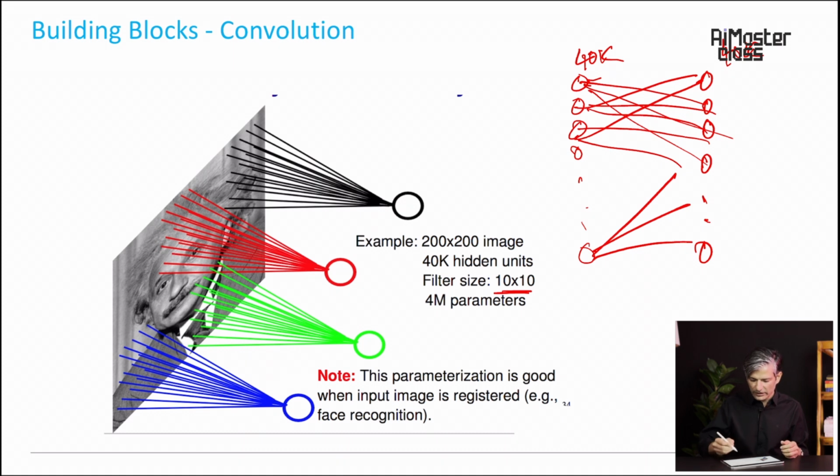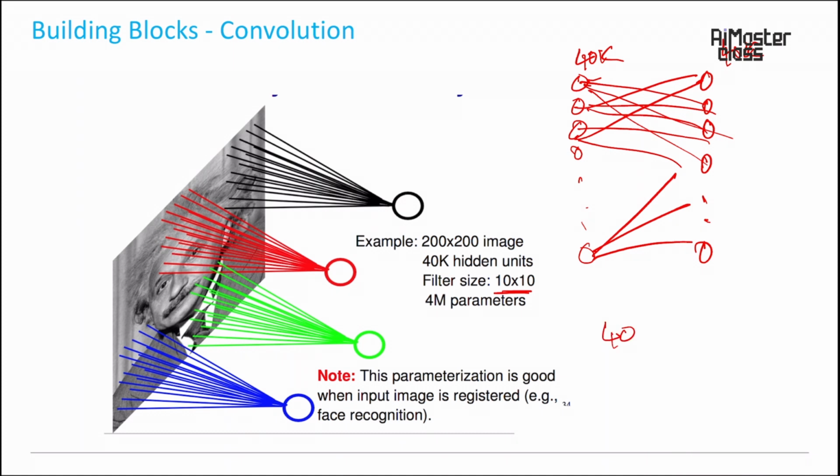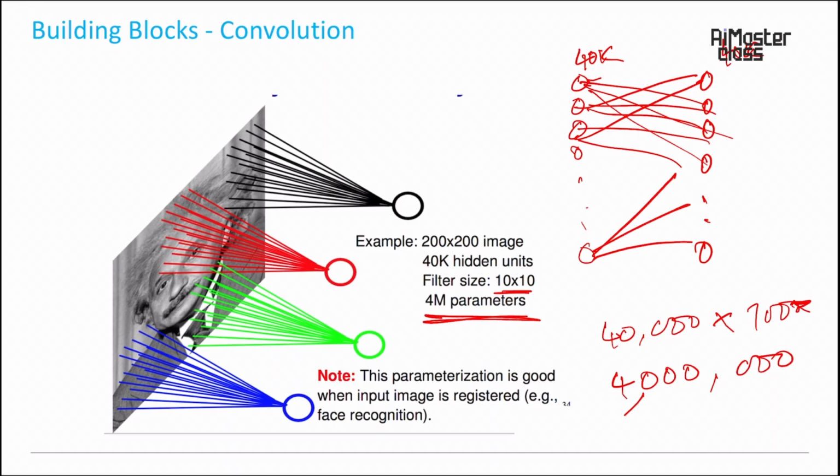How much are we reducing it to? We are connecting each of these 40,000 into 100 more, so now we have 4 million parameters when we do this locally connected.